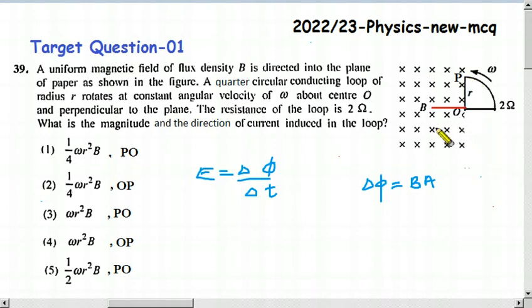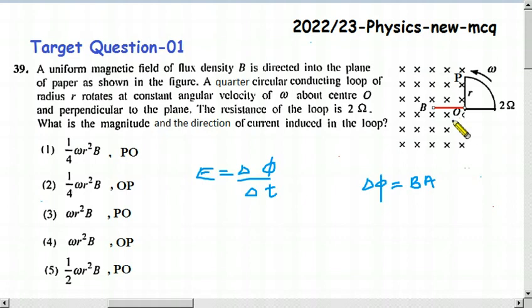You can use the total semicircle even, but it will be complicated. So I am going to solve this question in the simplest way. From here to here you can consider, since in this portion the other straight wire is out of the magnetic field.